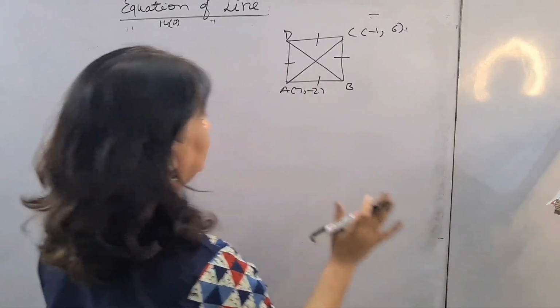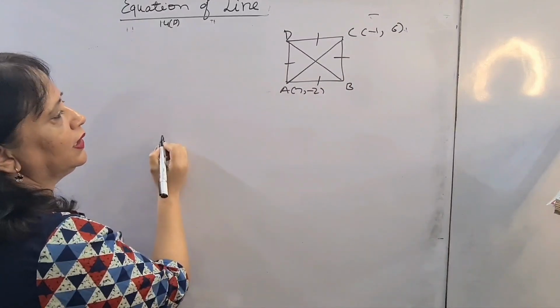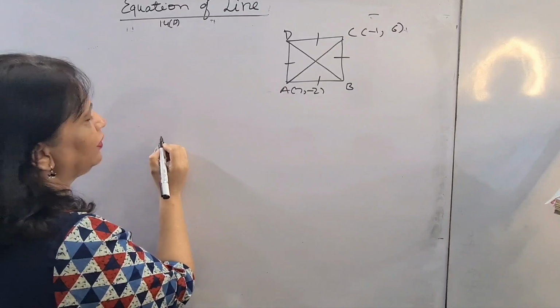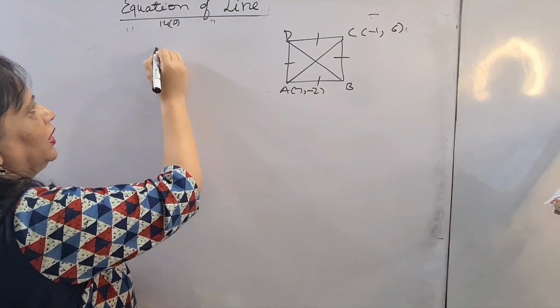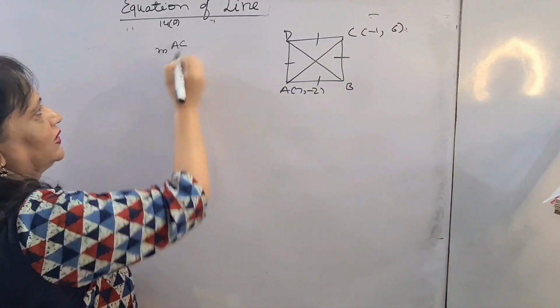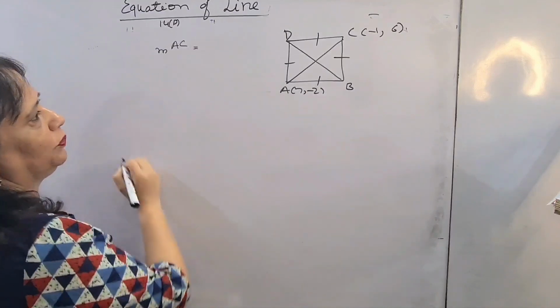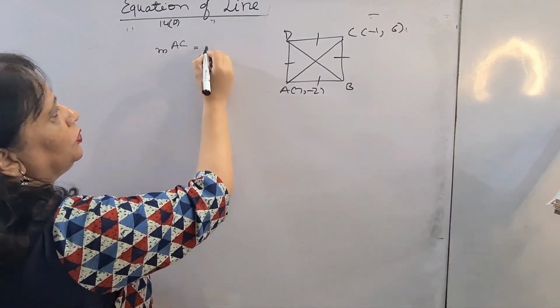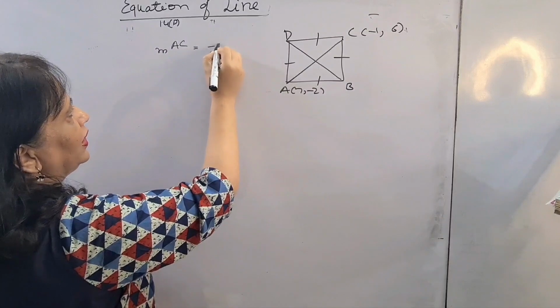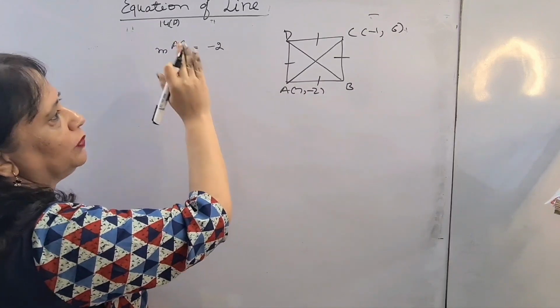Listen to me very carefully. I have to find the equation of diagonal AC and the equation of diagonal BD. So for AC, I have to find the slope first. M_AC means slope AC. The 2-point form, you know how to write. I am doing it directly to make you understand.